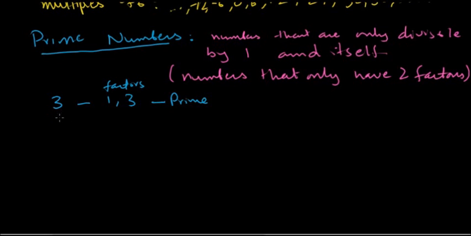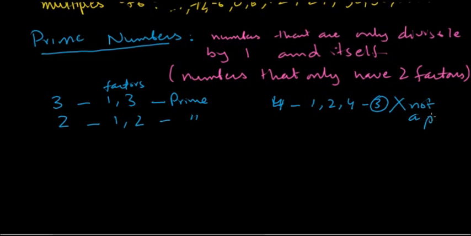Similarly, what about 2? Again, the only 2 factors for 2 are 1 and 2, so it again is a prime number. What about 4? Well, for 4, the factors are actually 1, 2, and 4. Well, there are 3, so this is not a prime number.